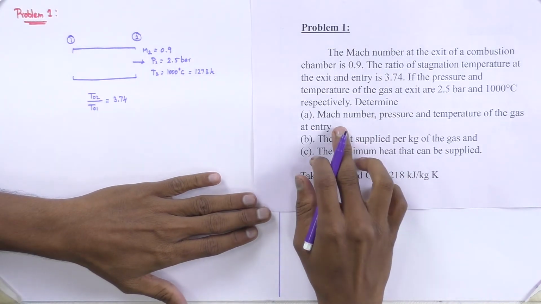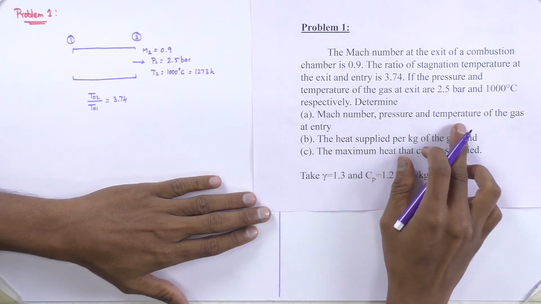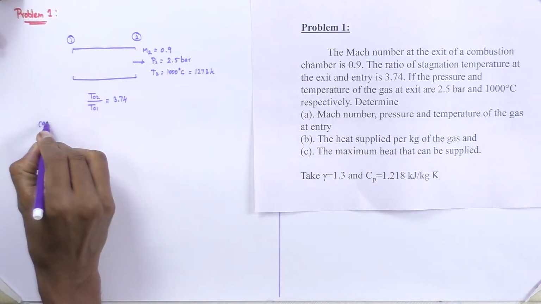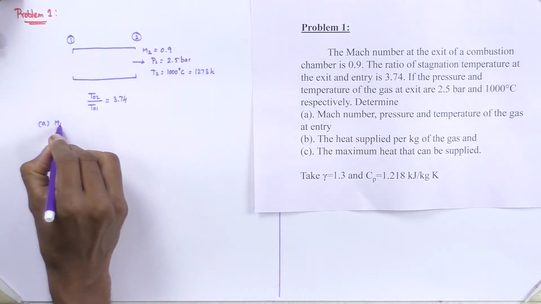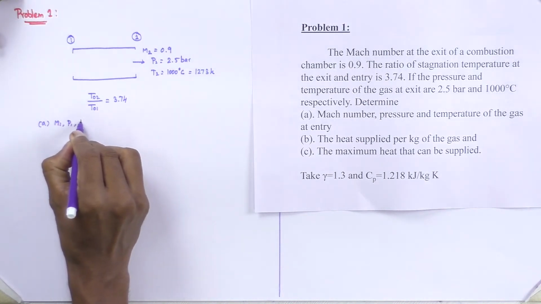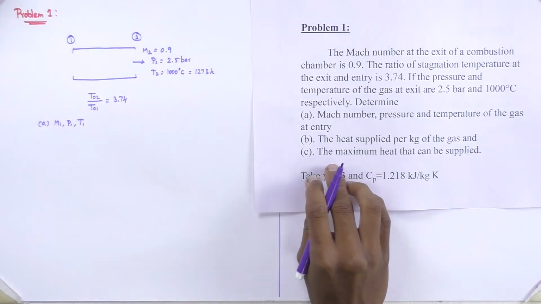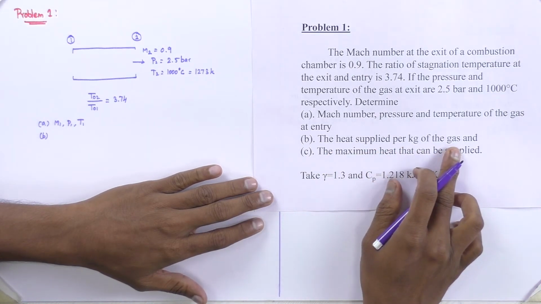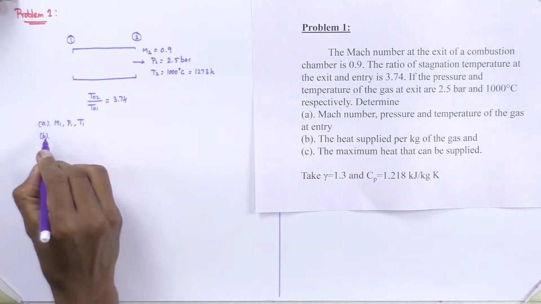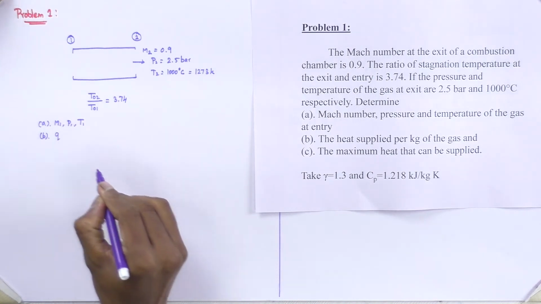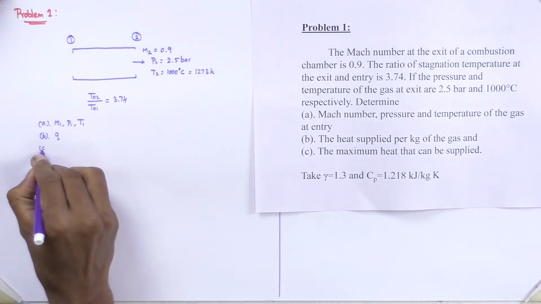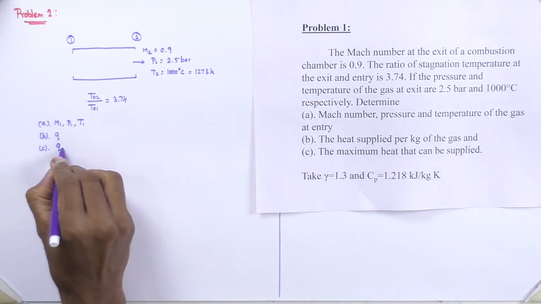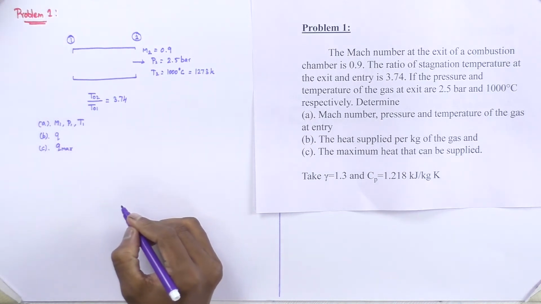Determine Mach number, pressure and temperature of the gas at entry. So first we need to calculate Mach number M1, pressure P1 and temperature T1 at the entry. Then B, the heat supplied per kg of the gas, and lastly the maximum heat that can be supplied, that means Q maximum per kg.